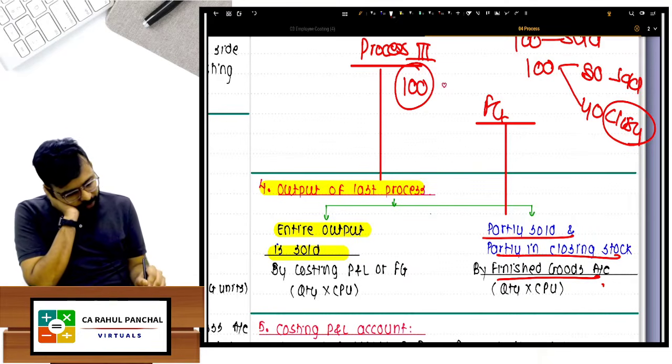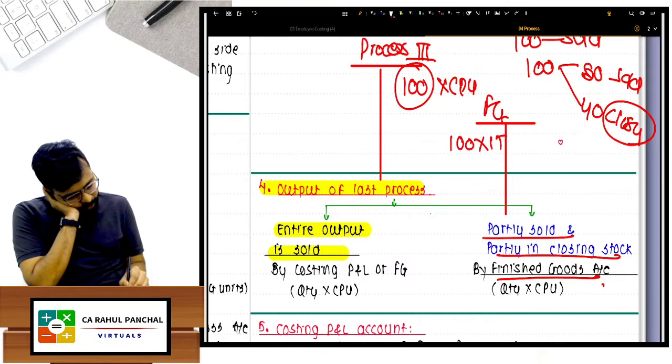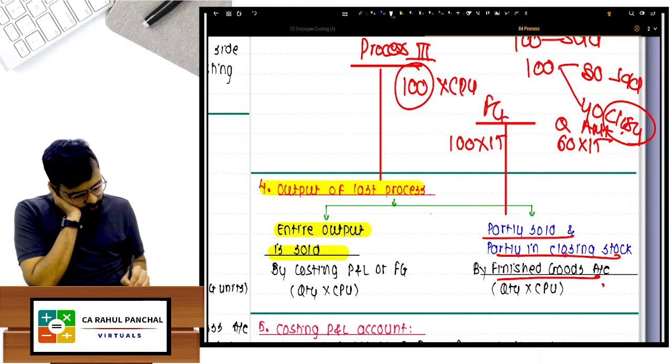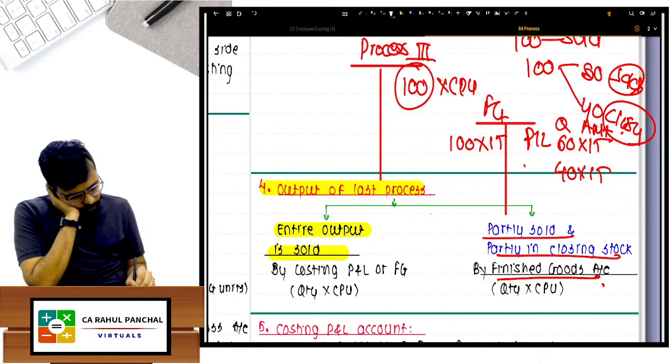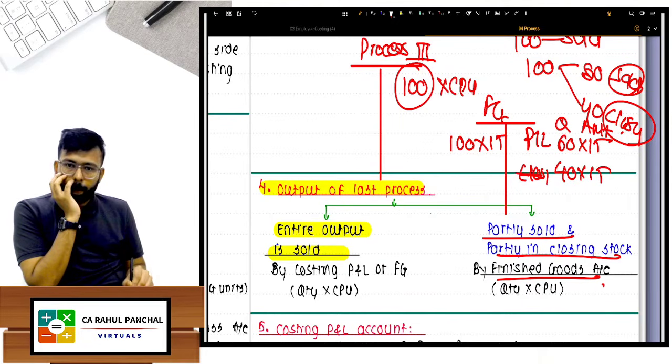So you will say कि 100 into CPU पे इधर आएगा, ये 100 into 15 पे let us say, then 100 into इसमें से कितना बेचा, एक second, whatever is sold 60 is sold. तो 60 into 15, this is quantity और amount के अंदर into 15 करके it will appear, and this is something which is sold. तो sold मतलब ये P&L में it will go, and something 40 which is there in the closing guys, that will be your closing stock carried down.